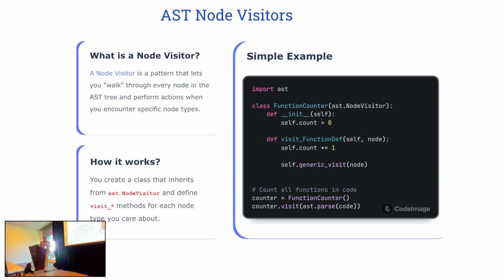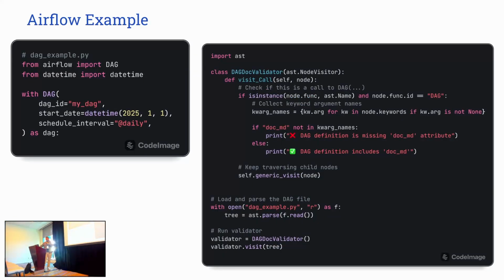Okay, that is great, but we are at an Airflow conference. So let's take an example of how we can implement an Airflow violation rule. To the left, I have the same DAG I had before. It doesn't have the doc_md attribute, so we can think that it is not documented, and we want to catch those DAGs that are not documented.